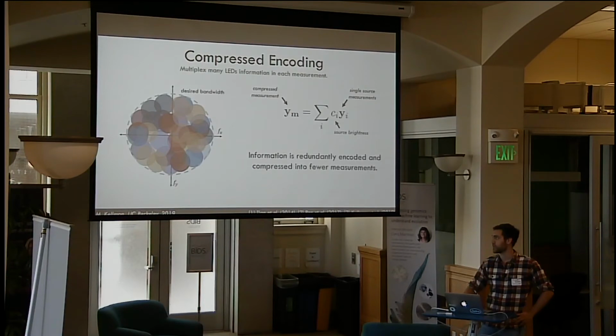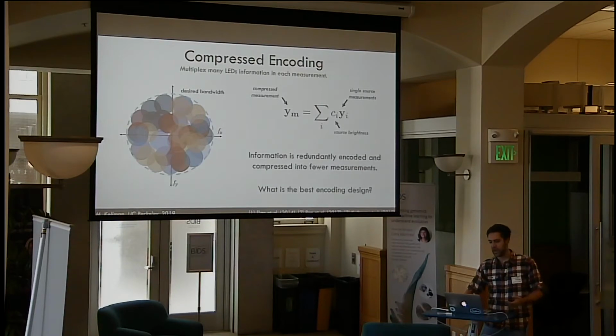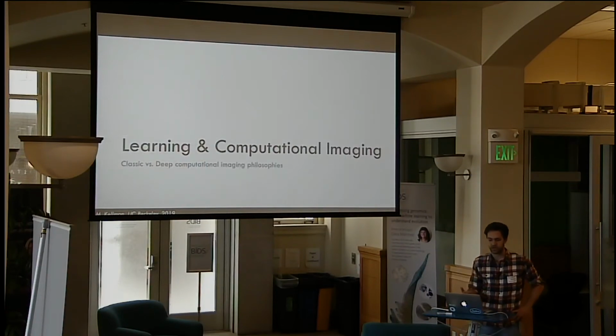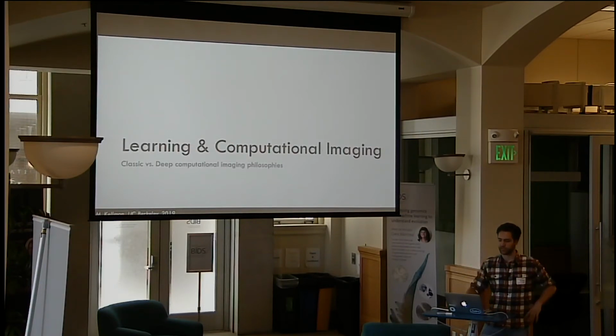And so the natural question we might ask is, what's the best encoding for this? How few measurements can we take, and how much information can we encode per measurement? So to answer that question, we're going to rely on new design methodologies that combine learning and computational imaging.